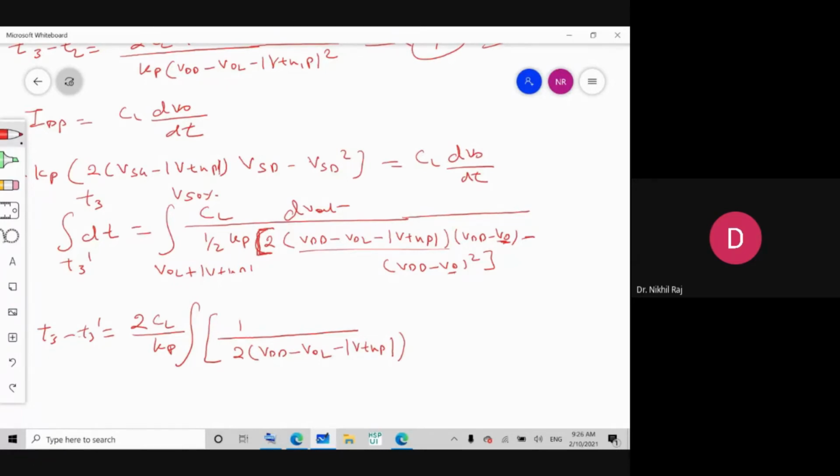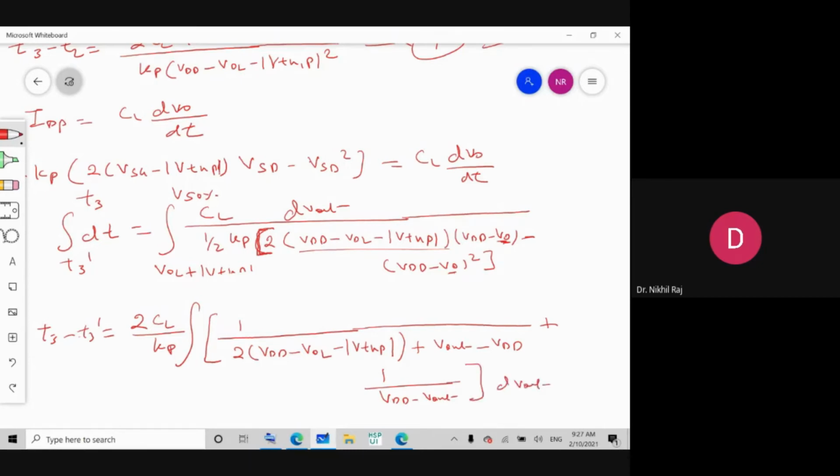plus, why this plus is coming here? Yes, okay, plus V out minus VDD, V out minus VDD, okay, and then here plus 1 by VDD minus V out, okay.